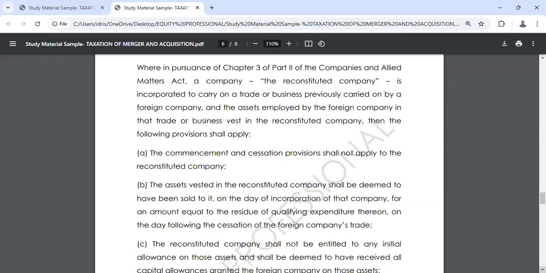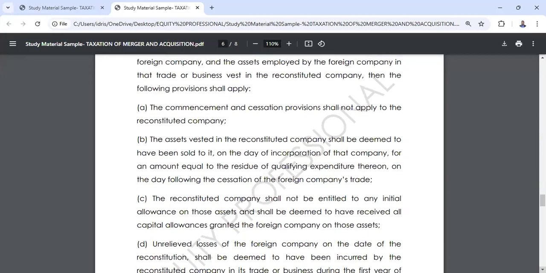So that is that. C, tax implication: the reconstituted company shall not be entitled to any initial allowance on the assets taken over, and they can only claim annual allowance based on the residual value.